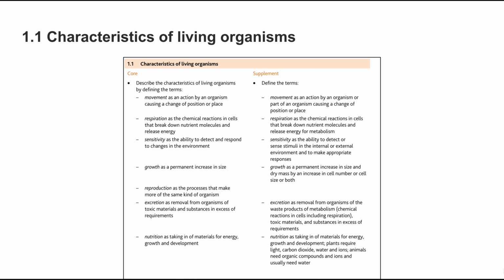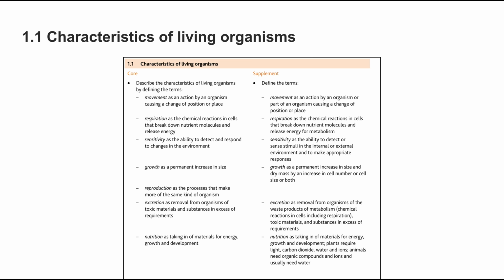Characteristics of living organisms is the basis of all biology. Any living organism is characterized by these 7 characteristics: movement, respiration, sensitivity, growth, excretion, nutrition, and reproduction.